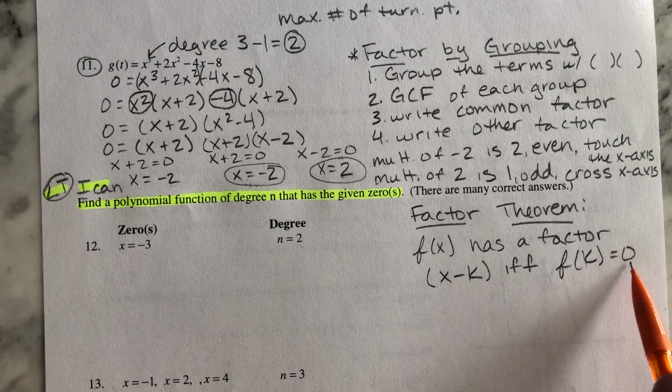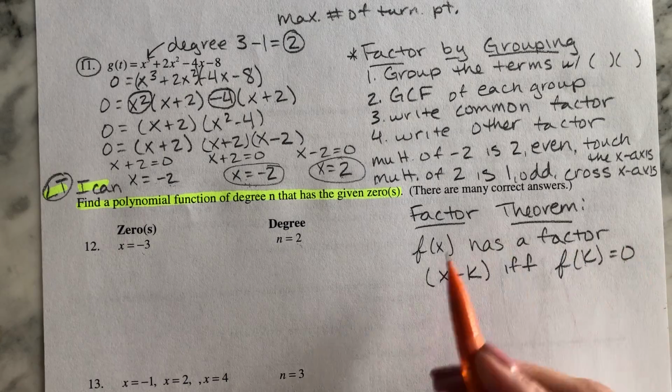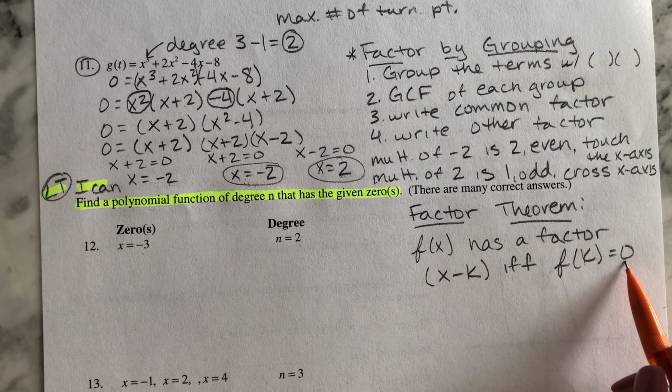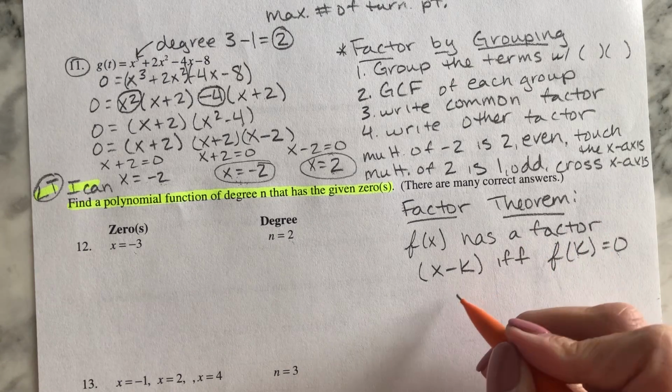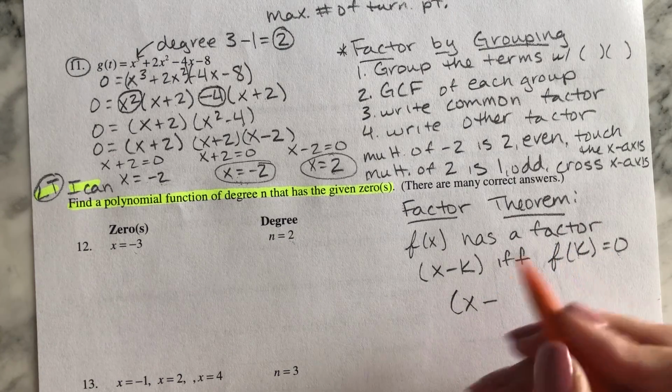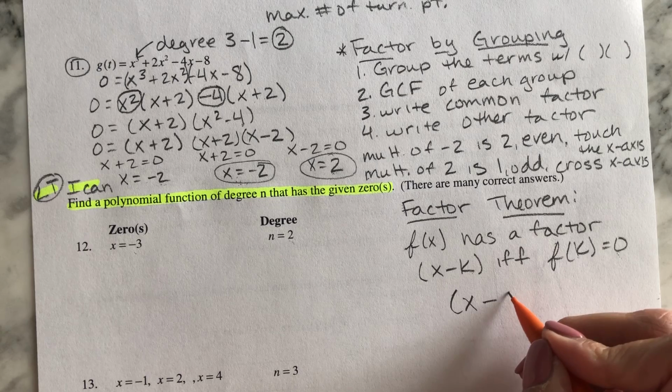So k is our zero in this case. Basically what this is saying is that to find the factor, you would do x minus whatever the zero is.